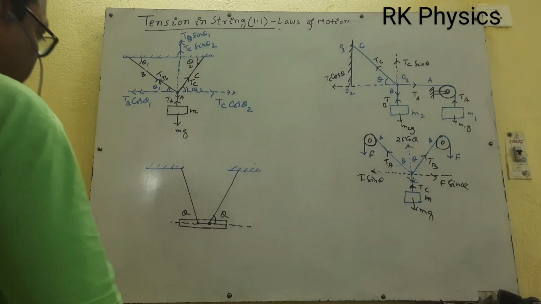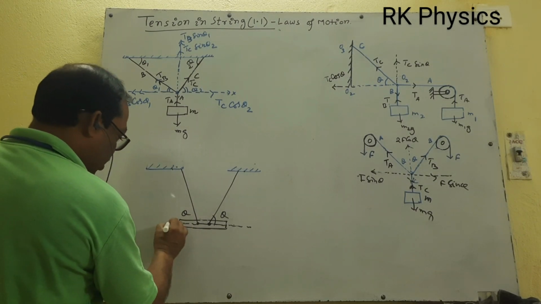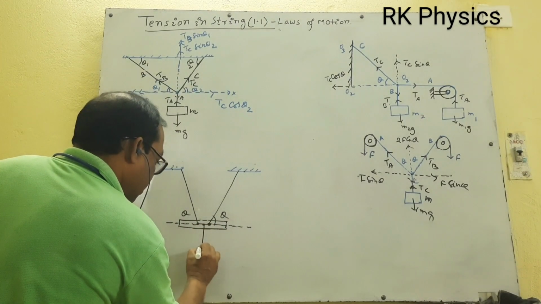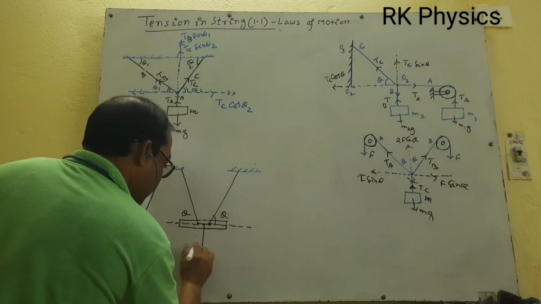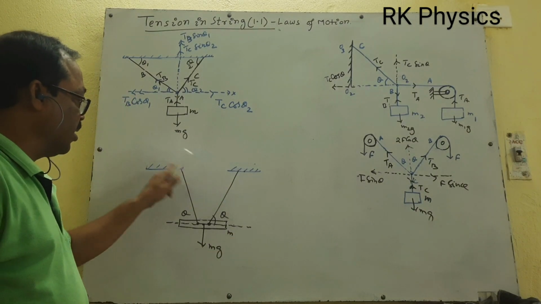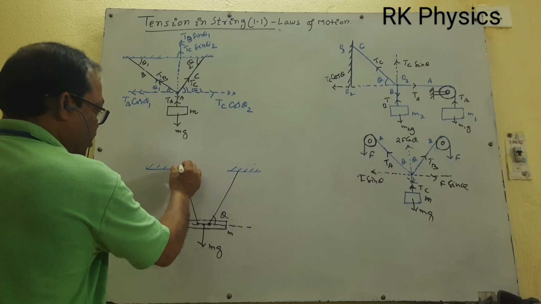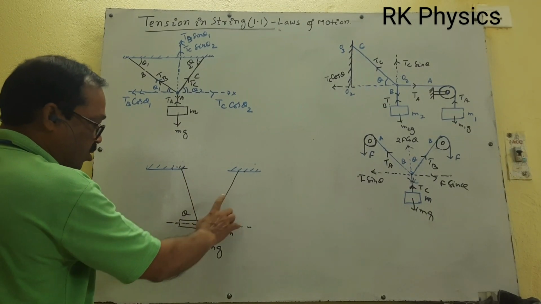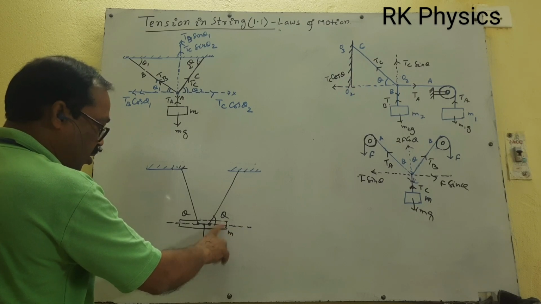Now let us take the fourth figure. Suppose the figure is like this. The weight of the body is mg. This is the mass m. Two strings are fixed to two rigid supports. This string makes an angle theta with the horizontal, and this one also makes an angle theta with the horizontal.